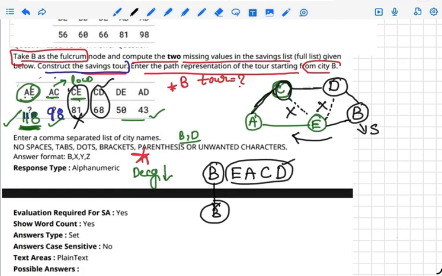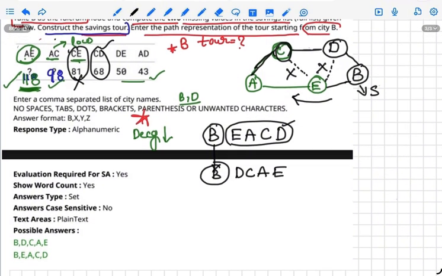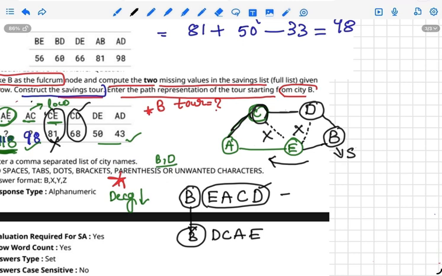Write all four cities in reverse order, that is B, D, C, A, E. Okay, that is the forward path and backward path. Two paths are possible, forward and backward.